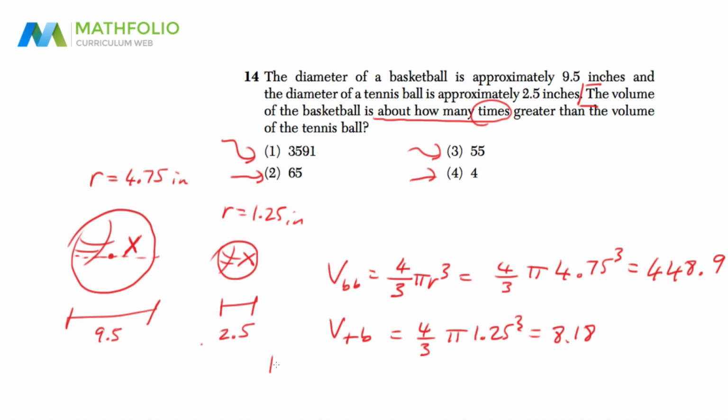So when we do volume of the basketball divided by volume of the tennis ball, 448.9 divided by 8.18, that gives us an answer of 54.9. 54.9 rounded to tenths. So this is the closest possible answer, number 3.